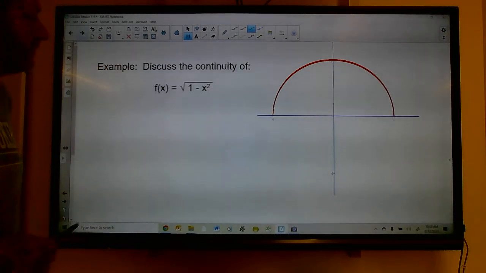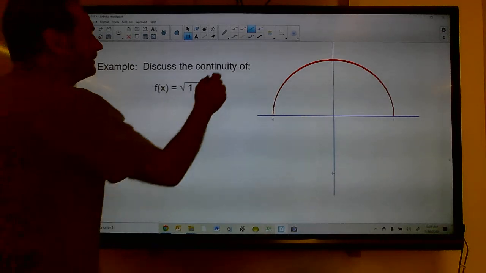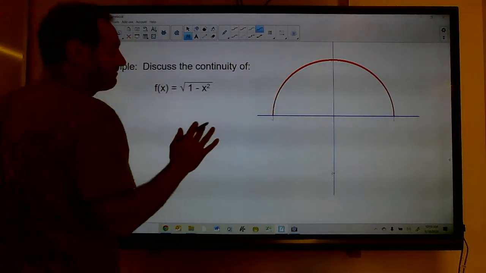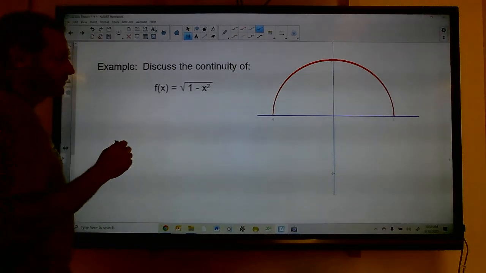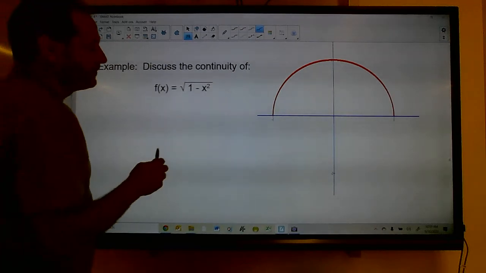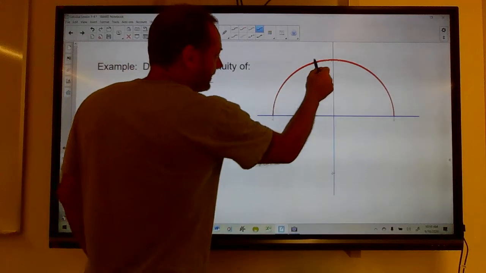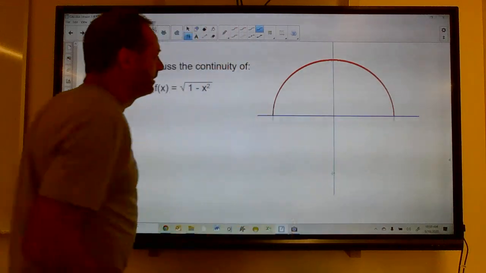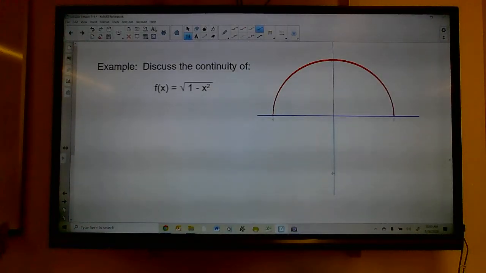Okay, so you should have determined that the function is continuous everywhere along this interval. Definitely every spot in between here is continuous. I can draw the entire thing without picking up my pencil.